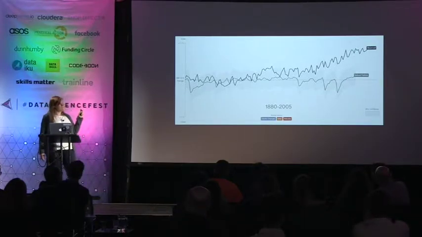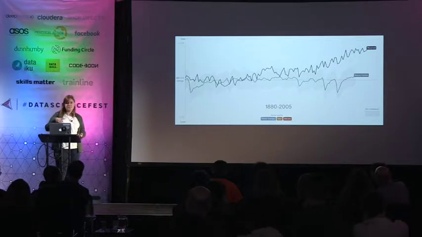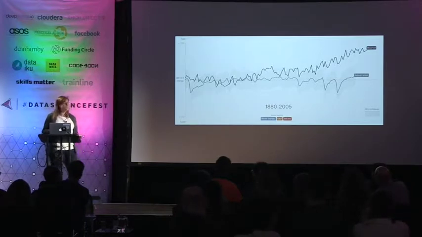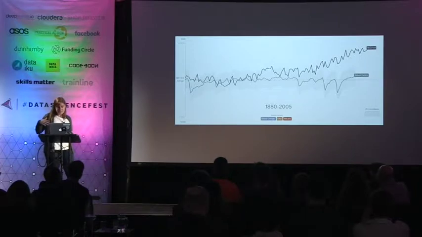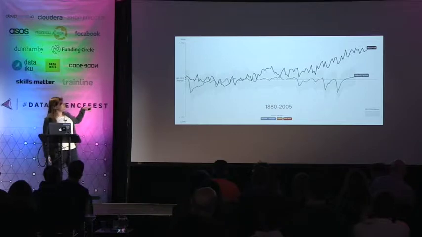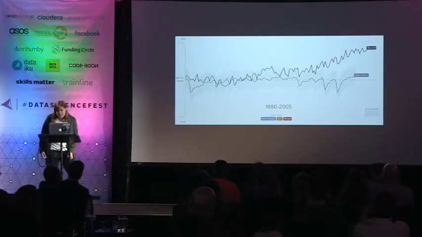So if you do, for instance, the black one is the observed temperature increase. In this case, it's from a model, but it followed the observations very closely. And then you change all the natural factors and keep all the human factors constant. You see that this doesn't match up, for instance.